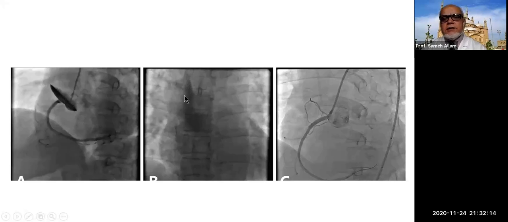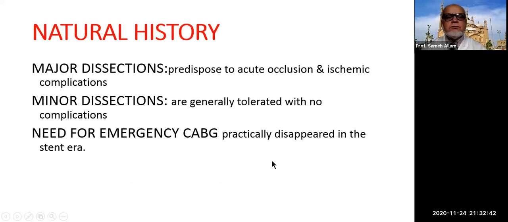Staining of the dye in the right aortic root wall persists here, but once stenting the ostia and sealing the dissection site, the clearance of the dye was noticed after stenting and sealing of the dissected segment, and the dye which was retained or staining the aortic root here is no more seen.